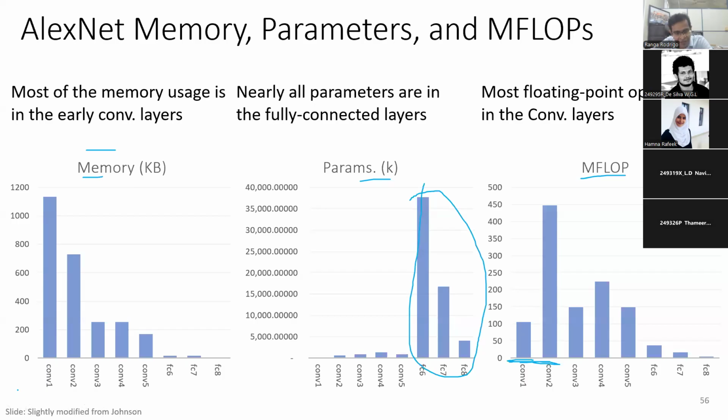So early convolution layers are high in memory because of the image size. Parameters are high due to fully connected layers. Amount of computation is high in early layers due to convolutions. Convolutions are computationally expensive, but parameter-wise small in number. So these are the conclusions that we can draw from AlexNet, applicable to other similar convolutional neural networks.